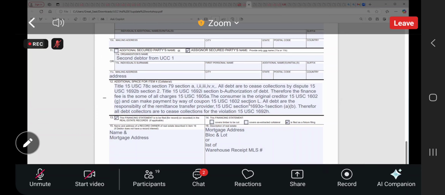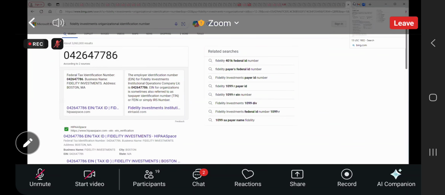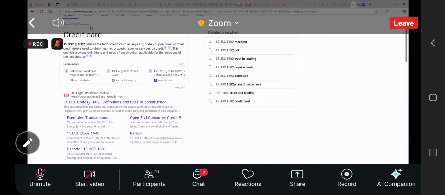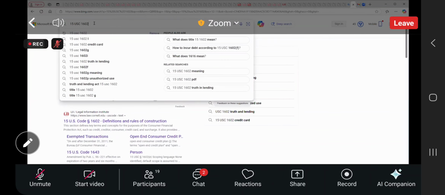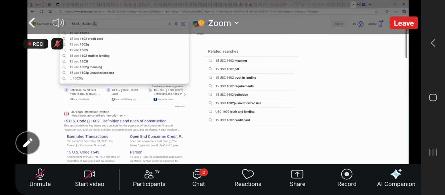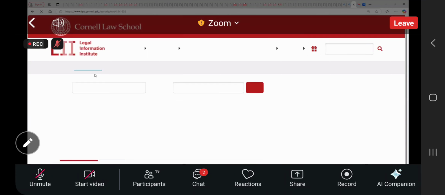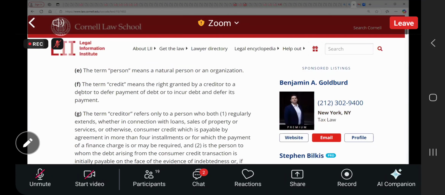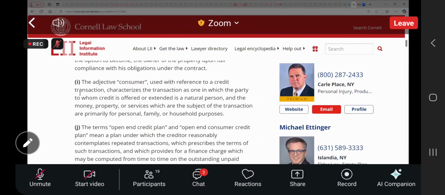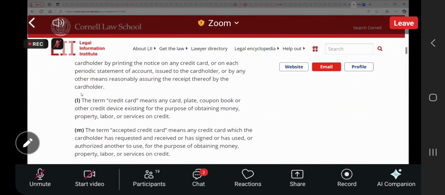15 USC 1602, Section L. I'm showing you in the codes how to pay these bills. Coupons. If that's 1602 Section L, I think it was Section L. Oh yeah, it's Section L. Look what L says.